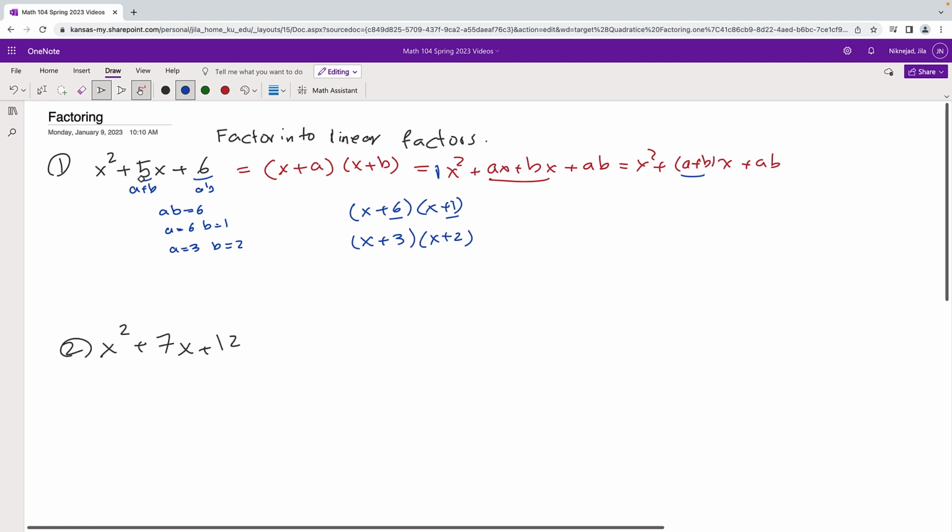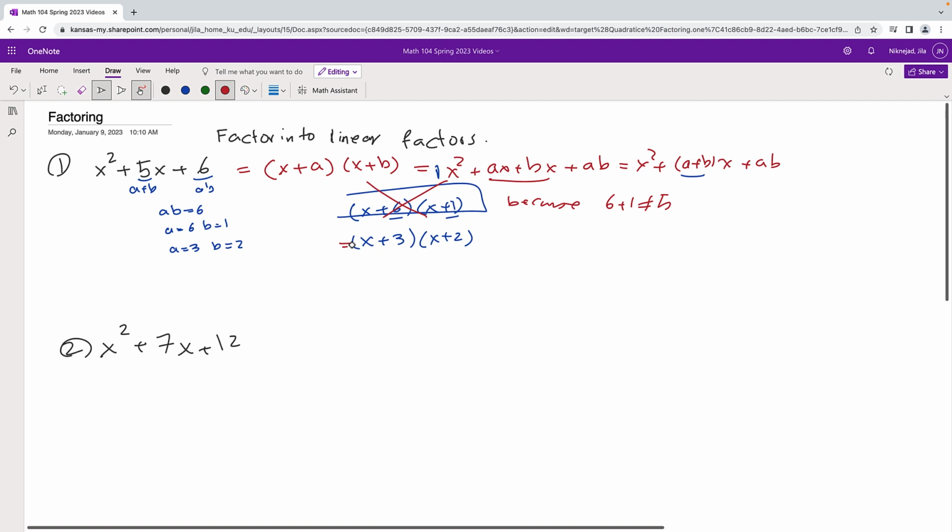So you have to remember, when the coefficient of x squared is 1, the constant is a times b, and the coefficient of x is a plus b. And so the first one is not correct because 6 plus 1 is not equal to 5. And this one is correct, so I factored that into this answer.